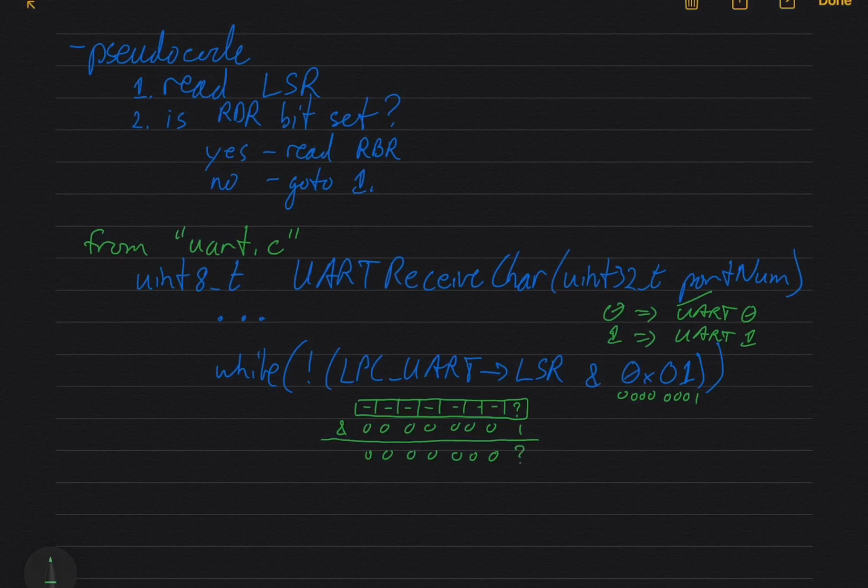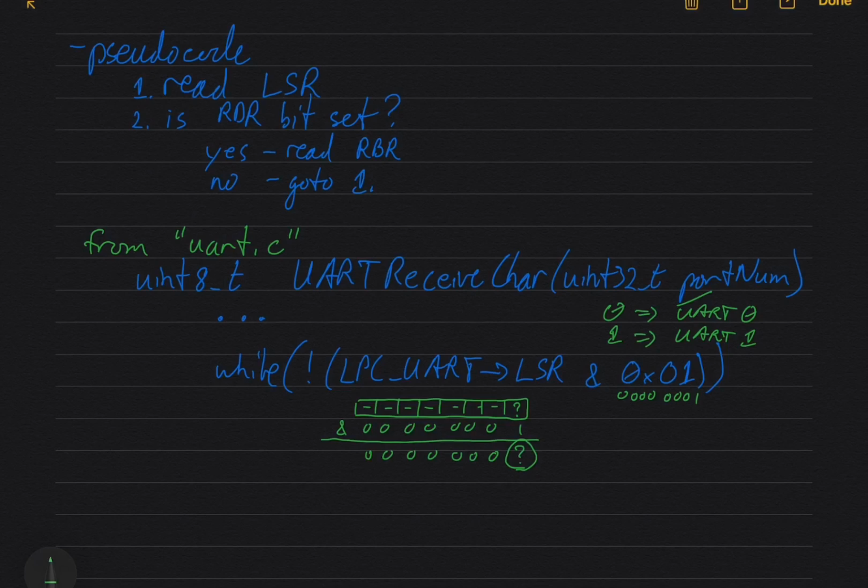What we'll get out here is just this one particular bit. If the bit is 1, this whole expression, LSR AND 01, will evaluate to 1, and then that's complemented. Remember, non-zero is true in C. So if that's true, then the not will make it false and we'll exit the loop. But if this bit is a 0, then the expression LSR AND 01 evaluates to 0, which is false. You complement that and it's true.